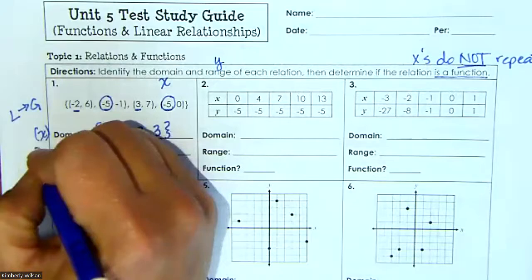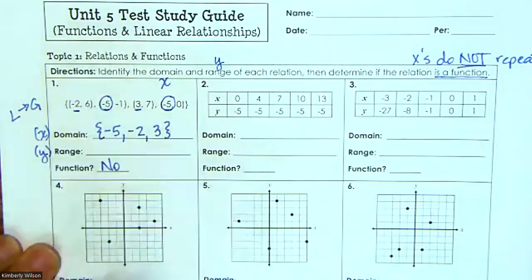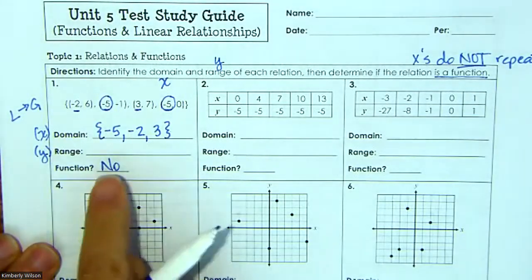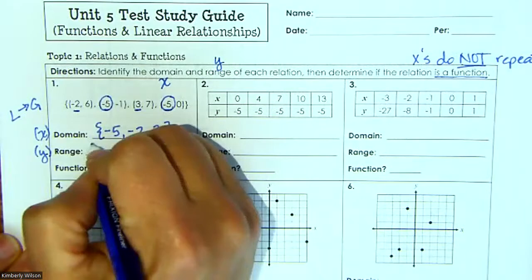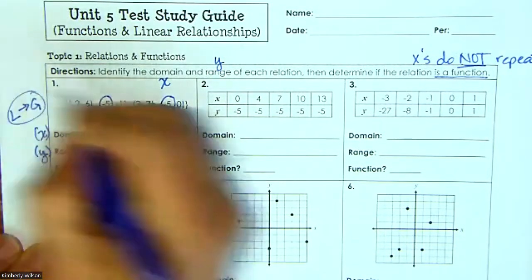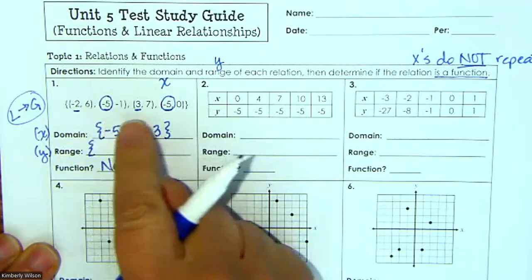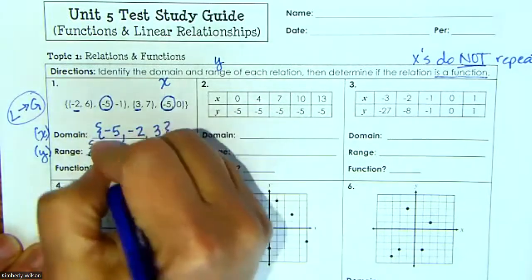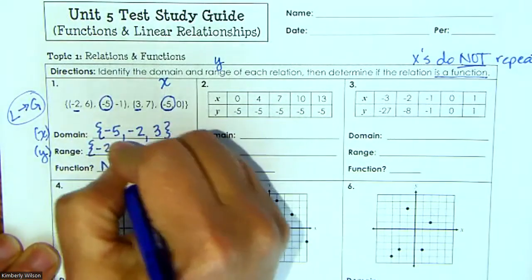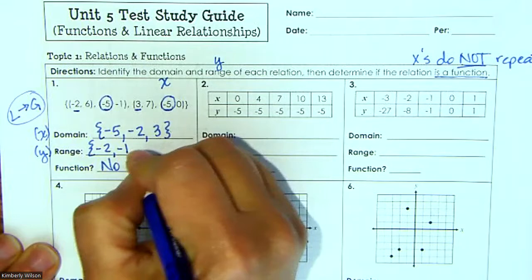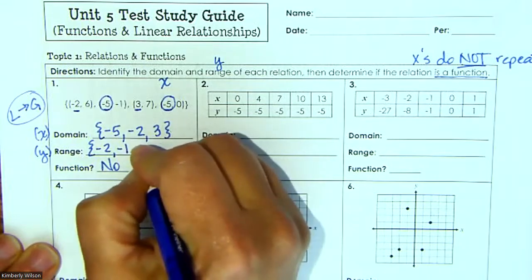Now we're talking about the range, which is the Y values. And again, it is in order from least to greatest. Curvy bracket. And I'm going through and I'm looking. Okay, so this is going to be -2, comma, -1, comma, 0, comma.